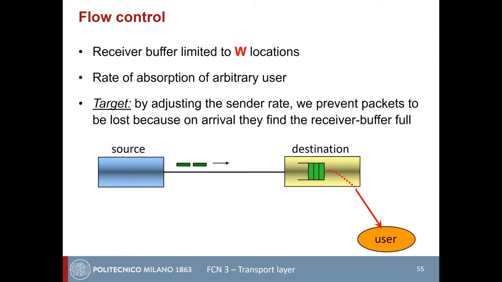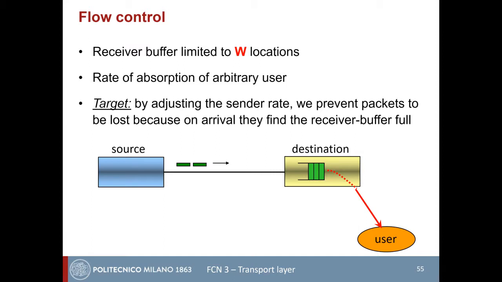The typical case where we need flow control is when we have a source and a destination. The source is sending packets or frames to the destination. In the destination there is a buffer that is receiving from the network, and this buffer is written from the network, in the source to destination direction, and is read by the applications that are running in the destination.